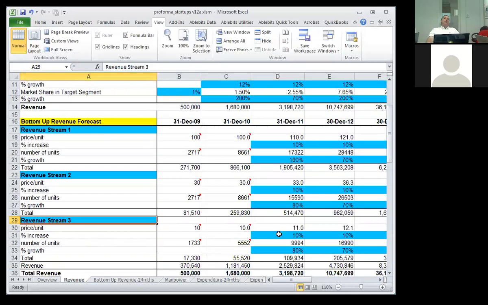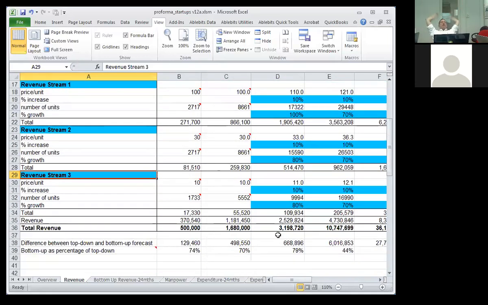My bottom up is giving me 370,000 in year one, which seems a lot more likely to be realistic. Of course, I did that really fast, and I didn't think about what was behind these assumptions. But in real life, that's the process I would go through: which of these results is strongest, which is weakest, which assumptions that drive these results are the ones most likely to be off, and how do I adjust those to get a convergent result?